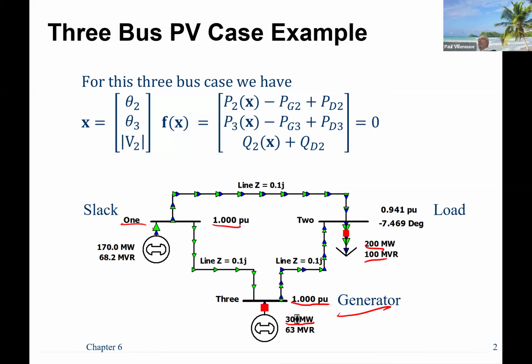So all we did was we took our previous system and modified it by adding one additional bus, a generator bus. So we have three equations to write: delta P2, delta Q2, because those are the load buses, and I can write equations there. And for my generator bus, I can write an equation there.